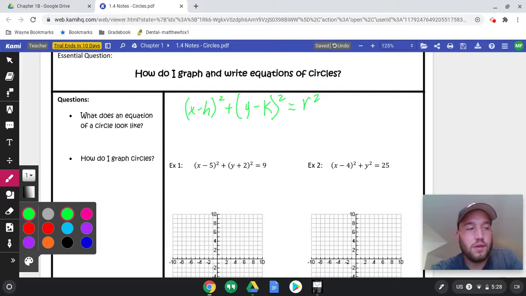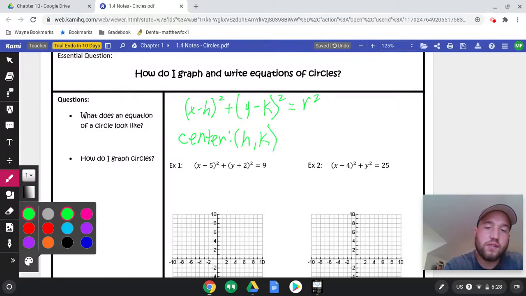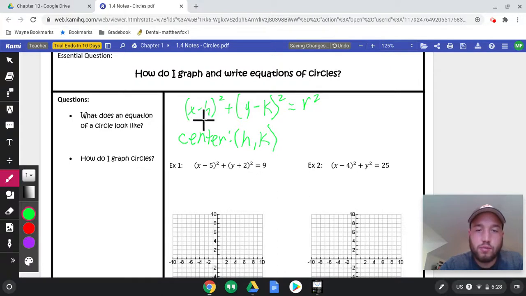Okay, so in this case, the center of your circle will be found at the point (h, k). Notice we get the x value from the x parenthesis set, the y value from the y parenthesis set. Both of those are opposites in the equation.